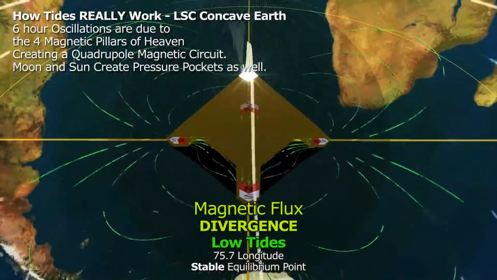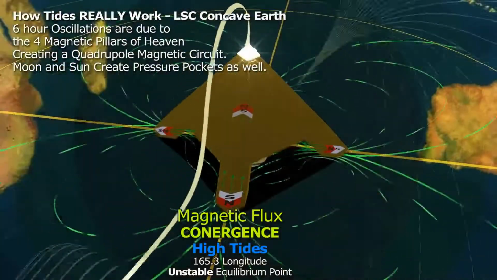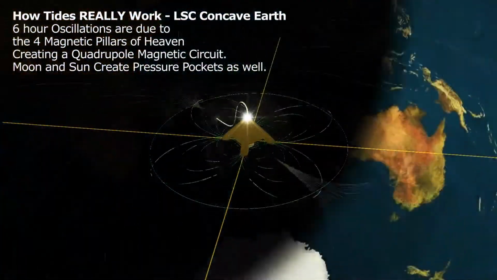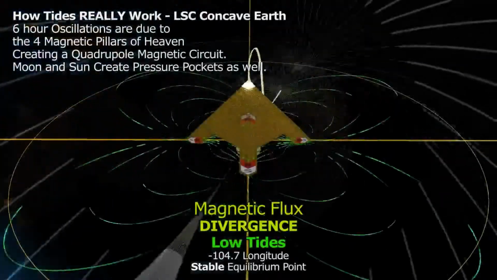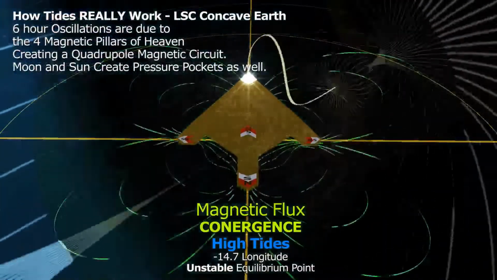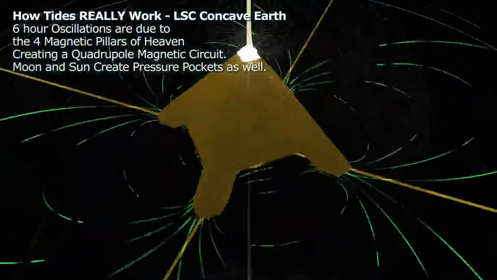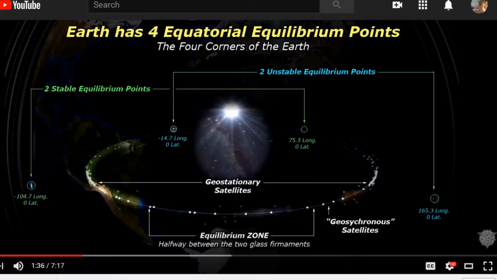And that's probably why they have to move them in a figure-8 pattern. But the convergence is happening. That creates the higher tide, and the divergence the lower tide. You understand? Let's see what else I can show you here.